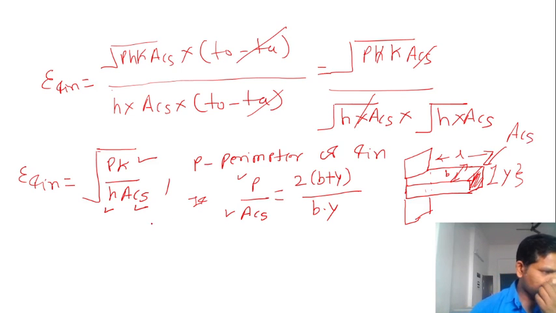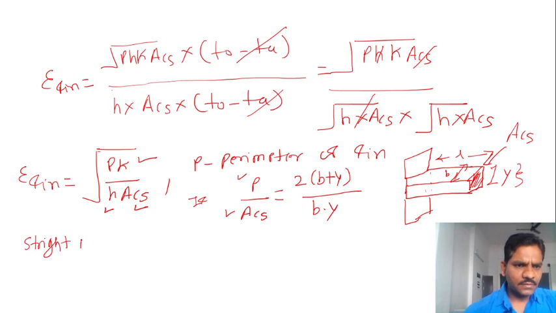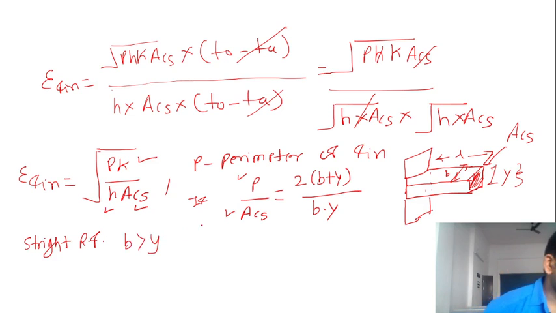So here if you consider a straight rectangular fin, and the width is very great compared to the thickness, yes or no? Yes. So if you consider B greater than Y, what is the change in formula?